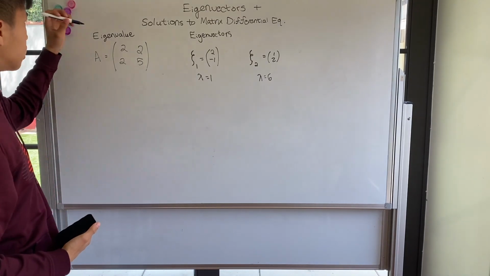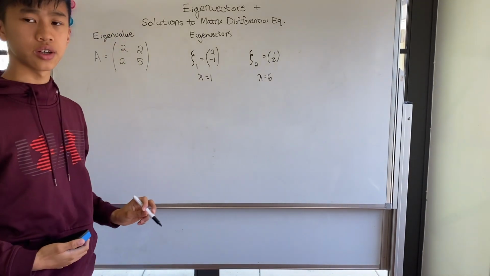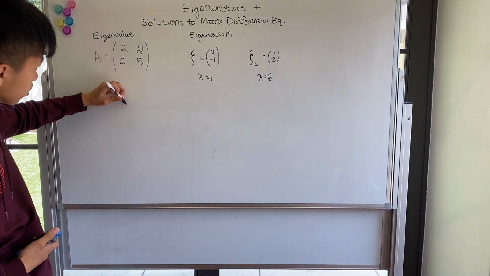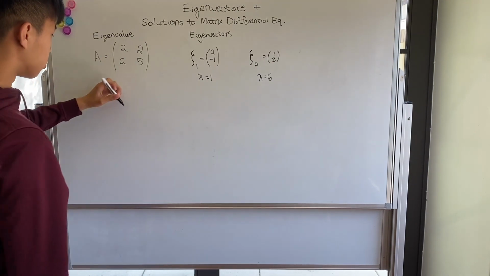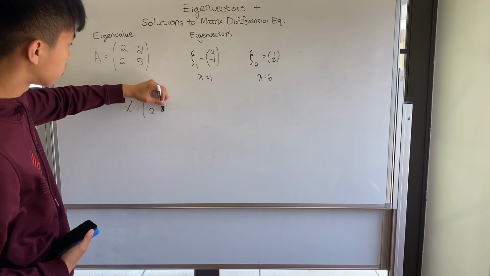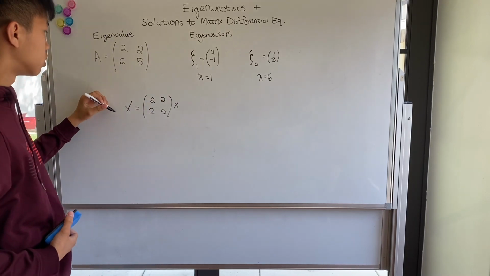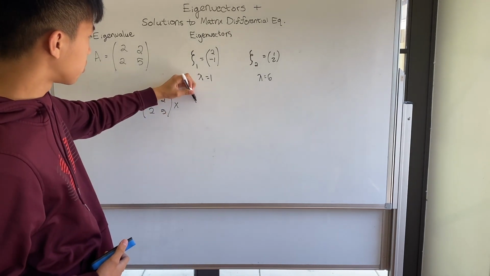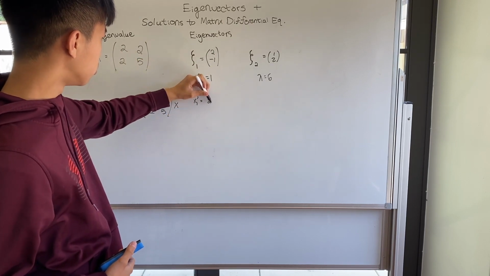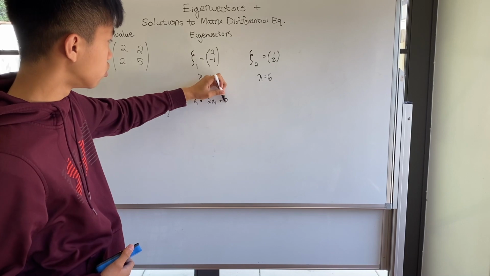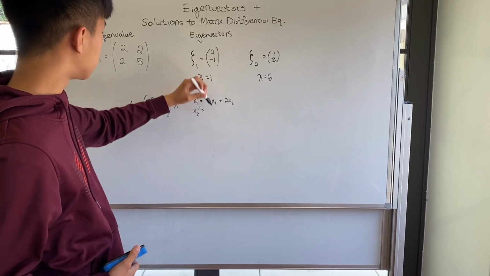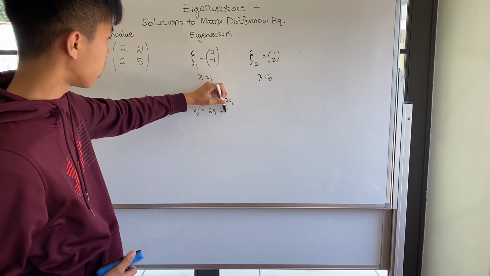We can turn this matrix into a system of differential equations. We can say that x prime is equal to 2, 2, 2, 5 times x. Basically this is saying we have x1 prime equal to 2x1 plus 2x2, and then x2 prime equal to 2x1 plus 5x2.